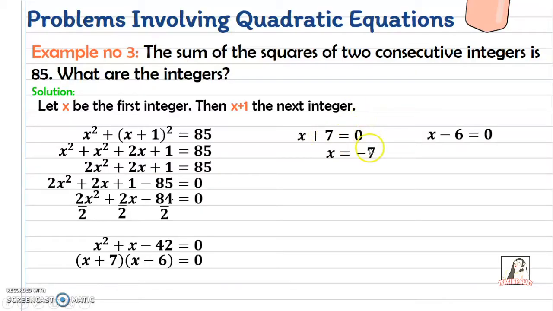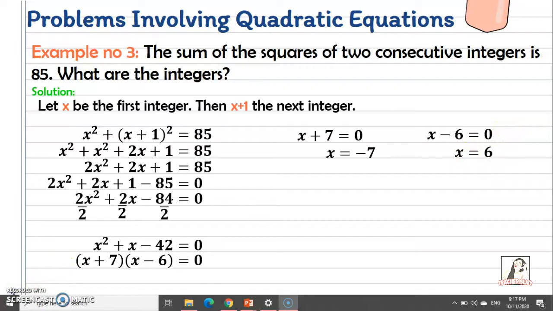So, meron tayong negative 7. Let's transpose negative 6 sa kabilang side. So, we have positive 6. So, meron na tayong nakuhang first integer, which is si negative 7 and si 6.